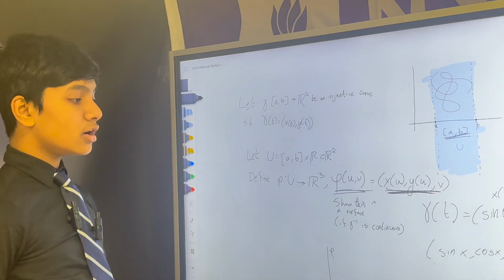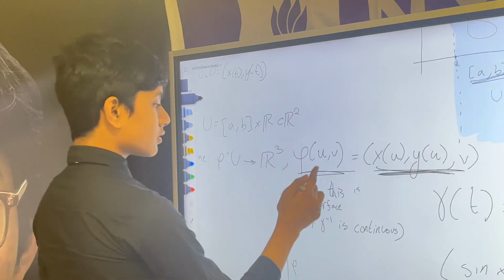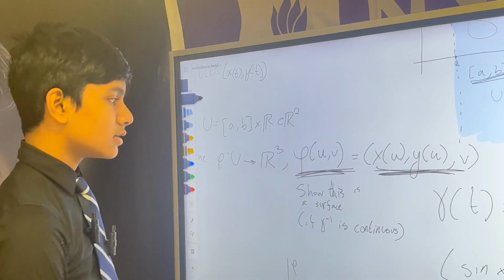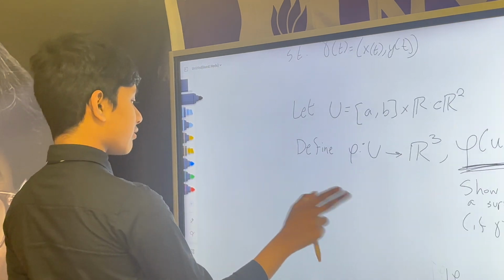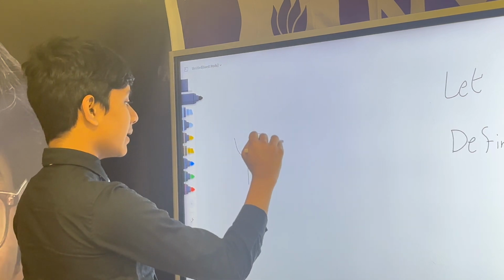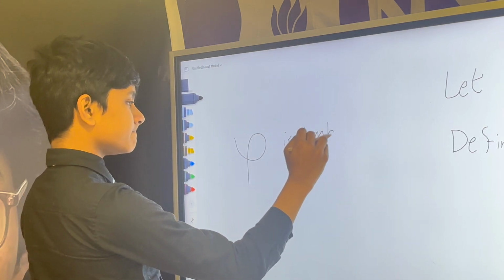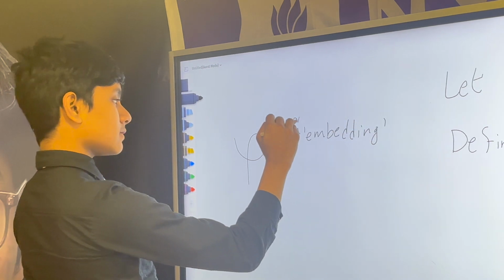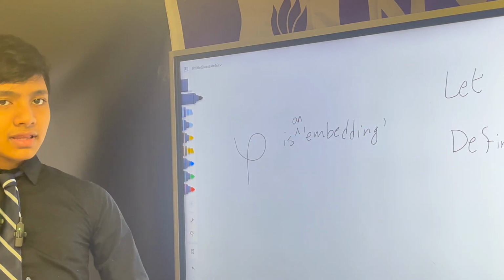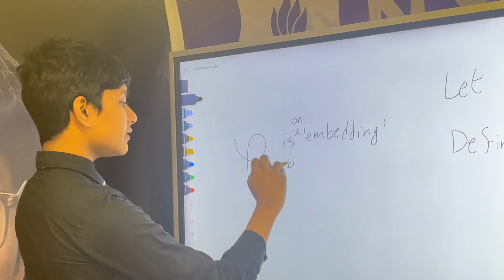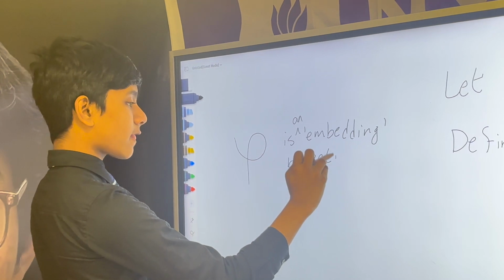So how do we show that this right here constitutes a surface exactly? Well, two things now. First thing we need to do is show that this is an embedding. Now, that sounds fancy, but what it really means is that it's bijective and continuous.